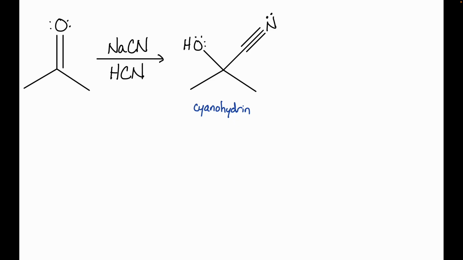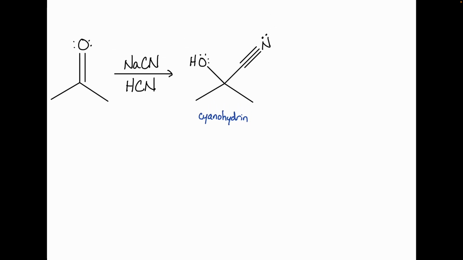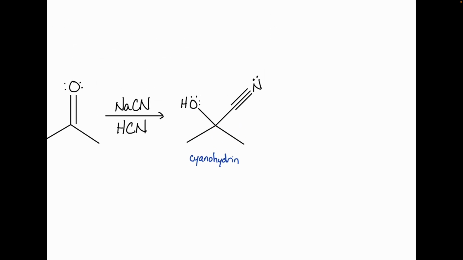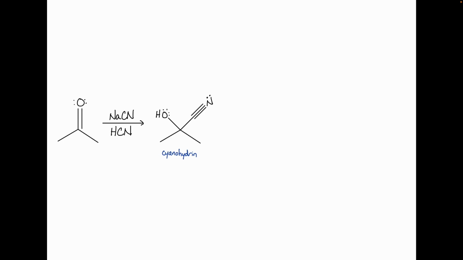And so far, nothing special here. Just like we learned how to make these things before, putting in our basic nucleophile, we have that basic nucleophile attached to that formerly carbonyl carbon, and that formerly carbonyl oxygen is now that hydroxyl group. The new thing is what we're going to do to these cyanohydrins.